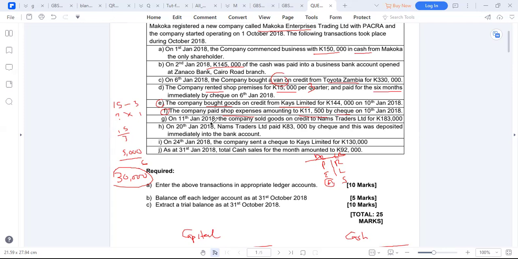Whenever you sold goods, sales; bought goods, purchases. So sales and NAMS. Who's NAMS to us? Our debtor. Using our payrolls, sales have a credit balance, and debtors have a debit balance under the umbrella of assets.